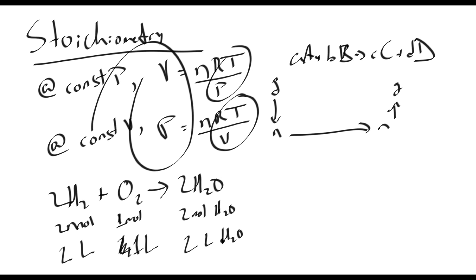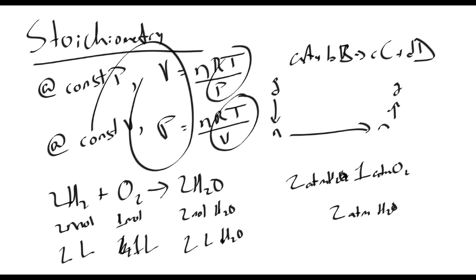Okay? Or at constant volume, you could say 2 atmospheres of hydrogen plus 1 atmosphere of oxygen will yield 2 atmospheres of gaseous water. So that is what we're getting out of stoichiometry here.